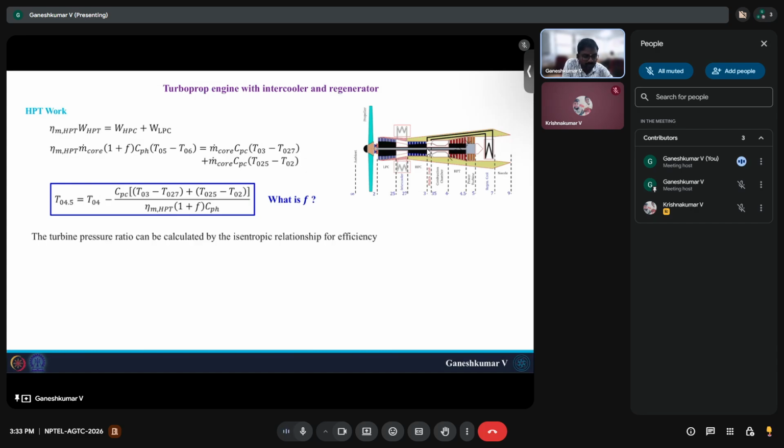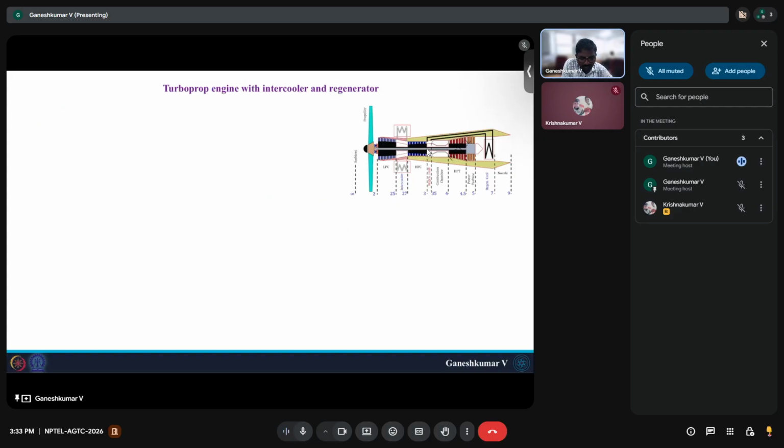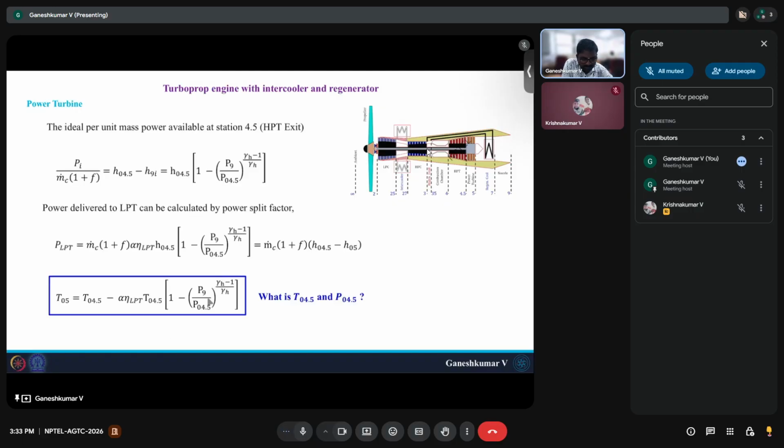The other thing we also need is P04.5. In our previous turbofan engine, we never really cared about pressure while doing this, but here, if you go back, the previous equation requires P04.5.